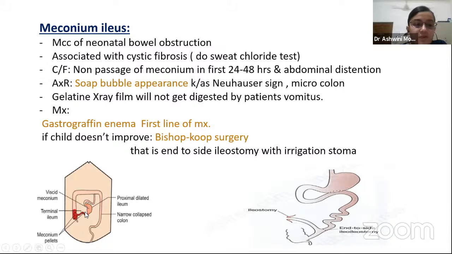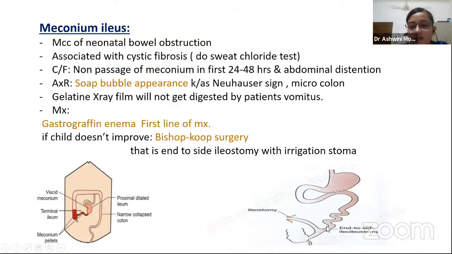Even after gastrografin, if the meconium ileus is not resolved, then what do we have to do? We have to resect this part. We cut this ileum from this side. We do the end-to-side: the cut part of ileum, we will connect here, one part of ileum here, and one part we will bring to the abdomen for the ileostomy, for the irrigation, right?